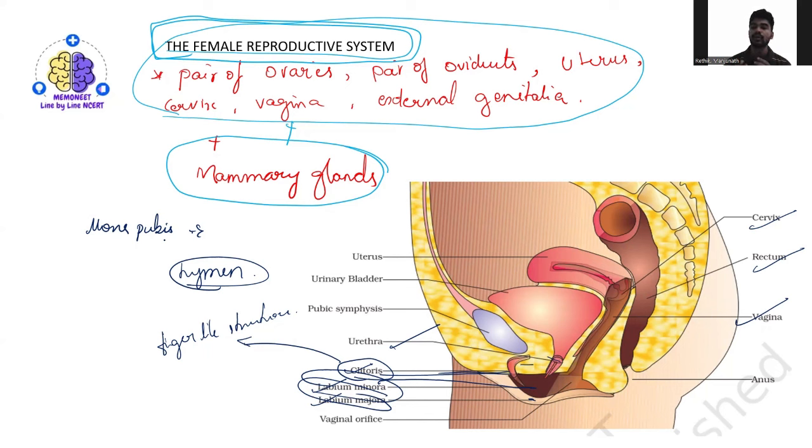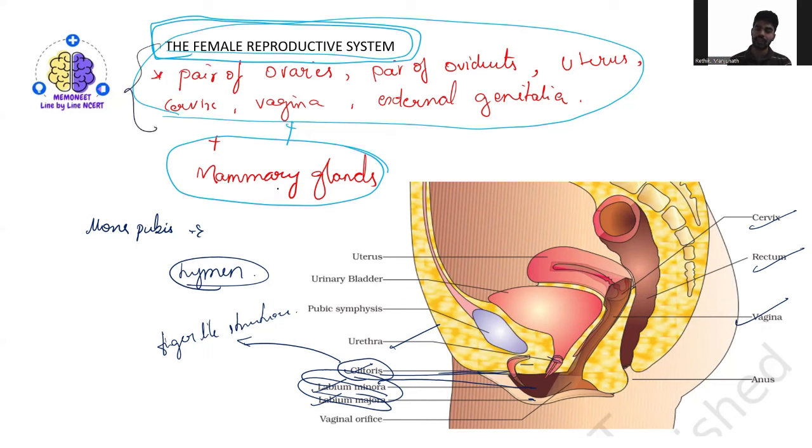So tearing of the hymen cannot definitively define whether a girl is a virgin or not. That should be kept in mind.